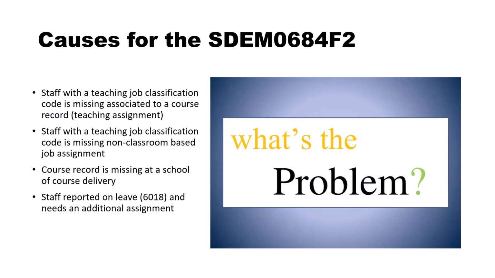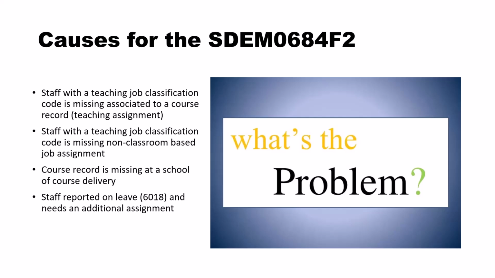The staff with the teaching job classification code is missing a non-classroom based assignment. So maybe the staff we're reporting is a TOSA, a teacher on special assignment. Maybe they're working as a program director of some sort. But that teacher, 12, 26, or 27, does not have a non-classroom based job assignment, nor do they have a course record. So they have no assignment whatsoever.